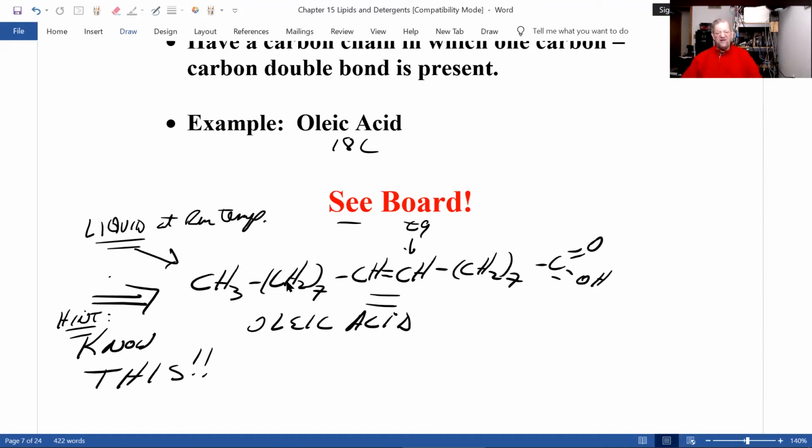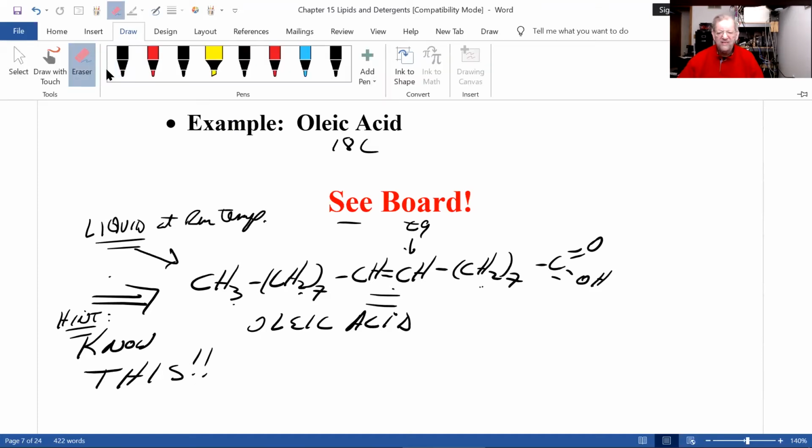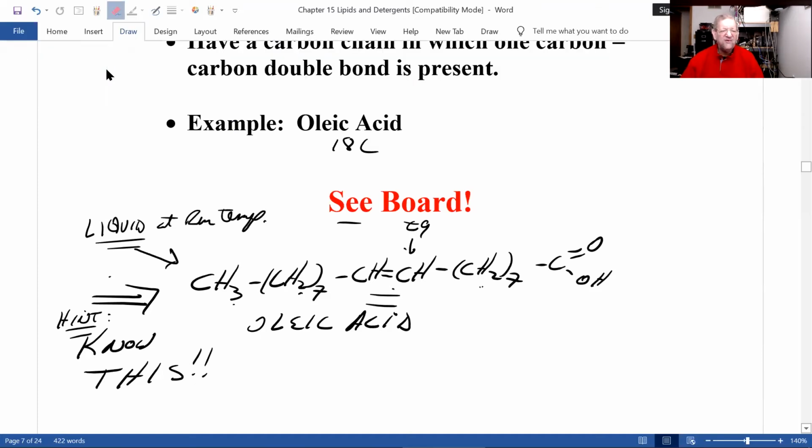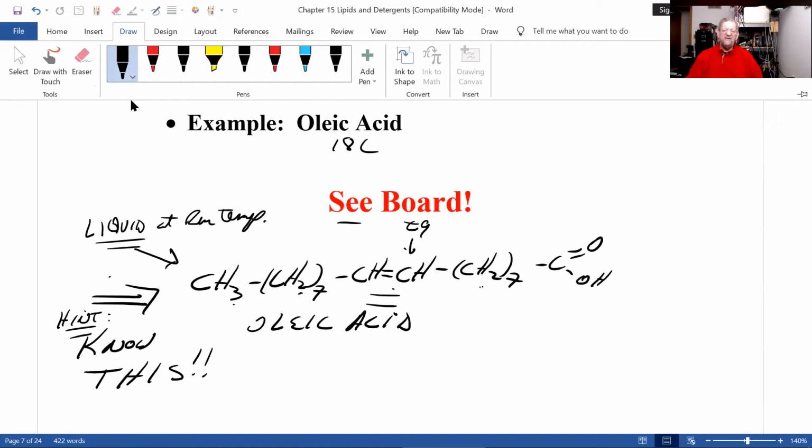So oleic acid has a double bond at C9, has a methyl group, 7 CH2s, double bond, and 7 CH2s and a carboxylic acid group. And that's oleic acid.